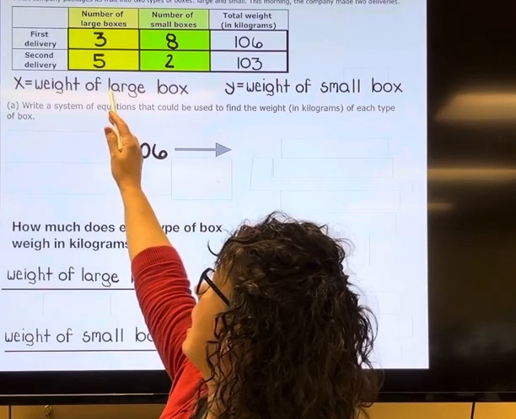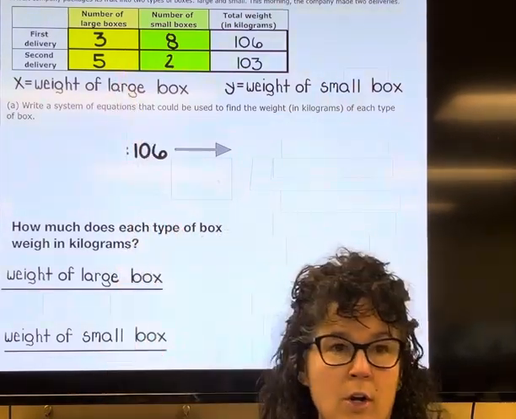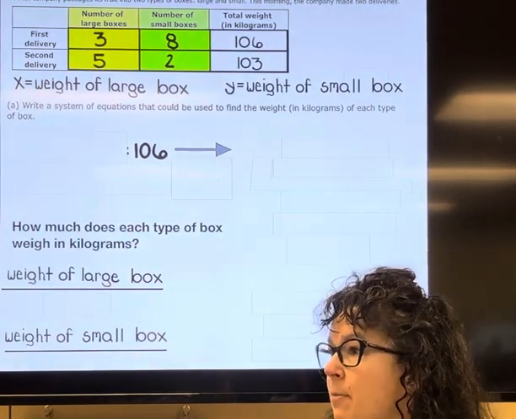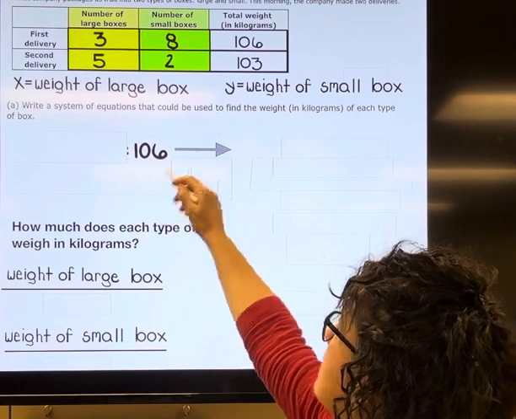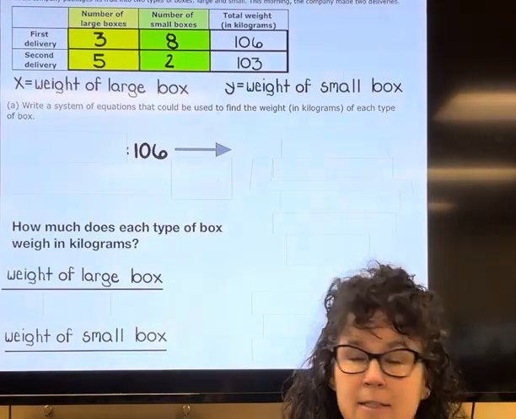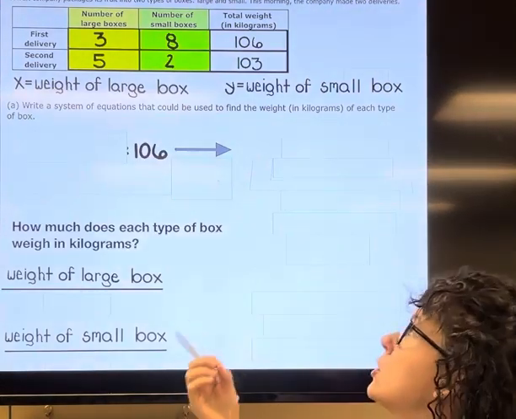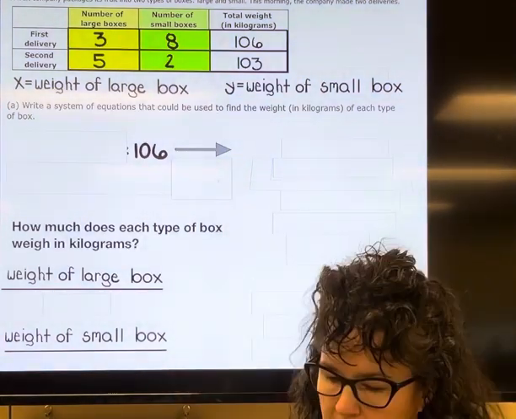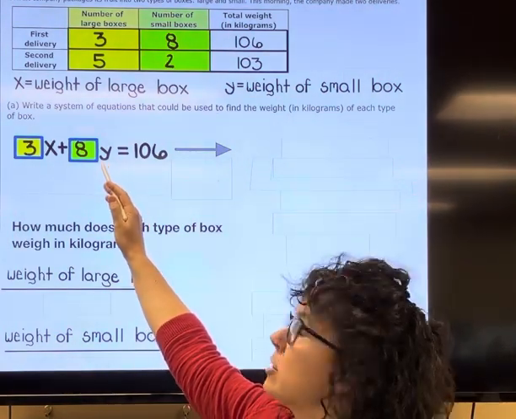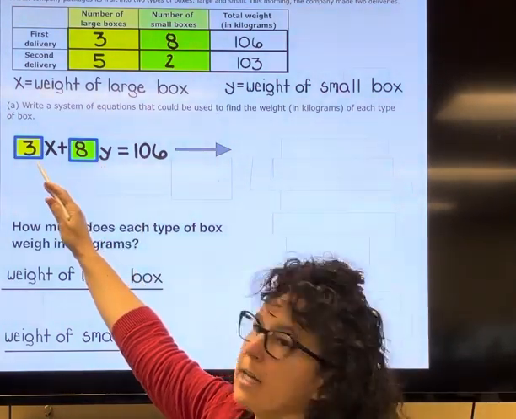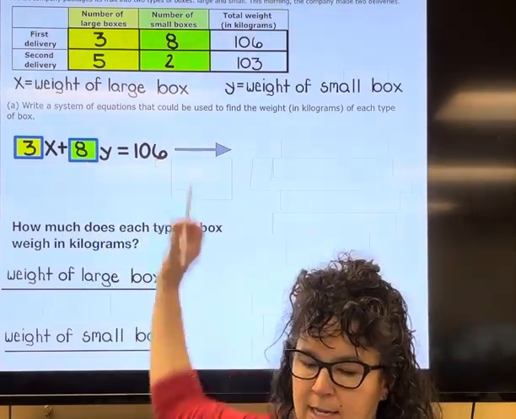So if X is how much a large box weighs, and there's 3 of those in the order, 3 multiplied by X is the amount of weight coming from the large boxes. There are 8 small boxes, and Y is the amount of weight in each one of those. So if we take 8 times Y, we're going to end up with the amount of weight from the small boxes. So the weight coming from the big boxes and the small boxes is a grand total of 106.